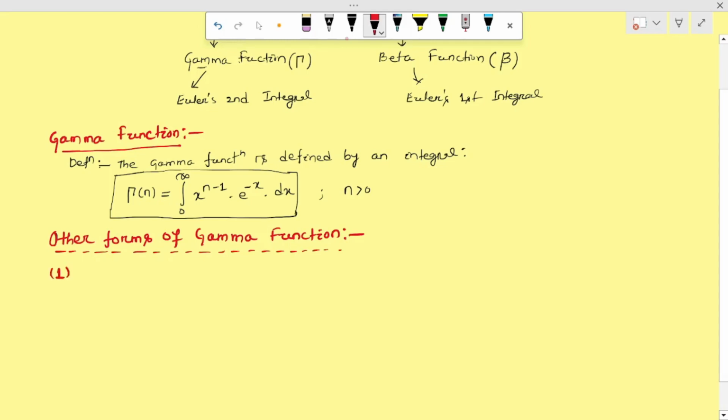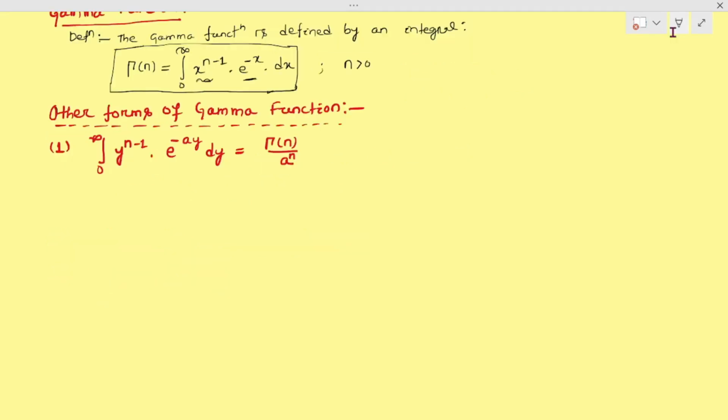Gamma function is also represented in this format. The first one is the integral from 0 to infinity of y to the power n minus 1 into e to the power minus ay dy, which is equal to gamma n by a to the power n.